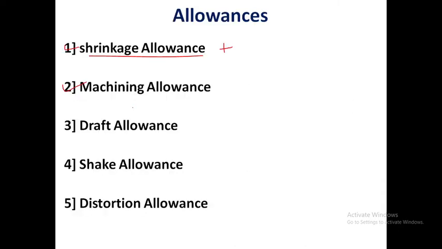So for that, the machining allowance is required. This extra metal on the casting is called the machining allowance. This allowance is given in addition to the shrinkage allowance. The shrinkage allowance is there, but apart from it, the machining allowance is given for good surface finish, for machining of the casting. Next, a draft allowance.